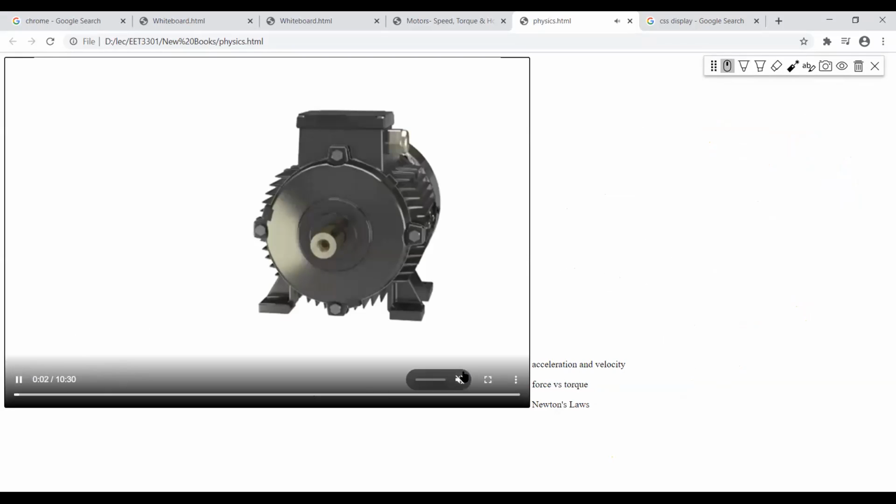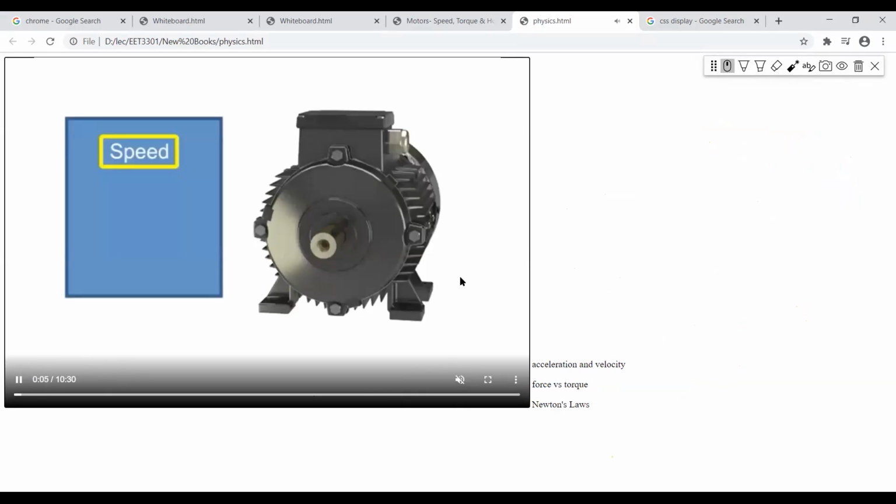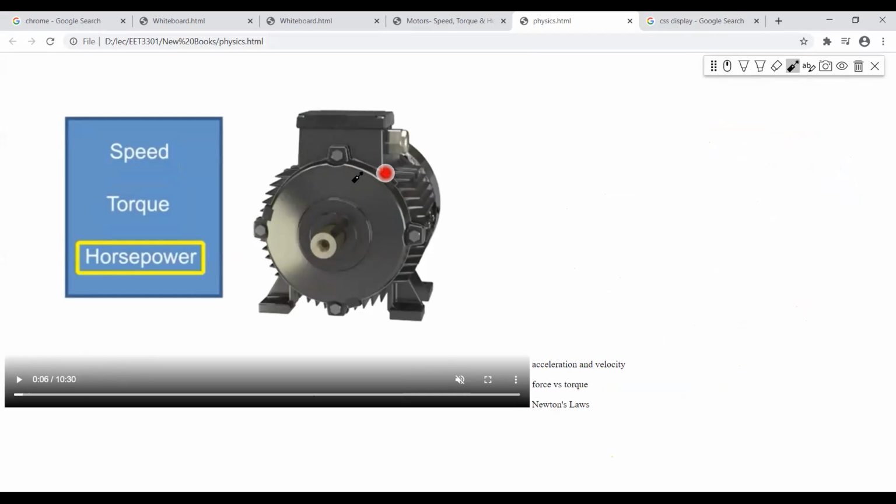I hope you should be able to see the video playing now, right? Basically what you're seeing here is a motor, and we will be discussing the construction of a motor later, but for your understanding, I'll explain the basic components now. The rotating part you see in the middle, usually in a motor, this is the rotating part.